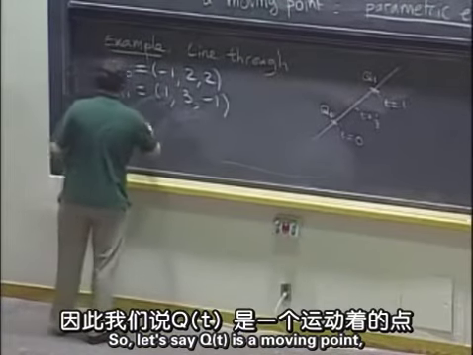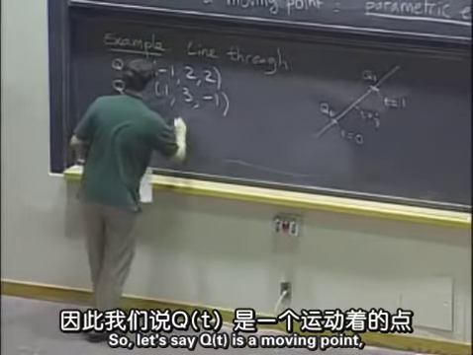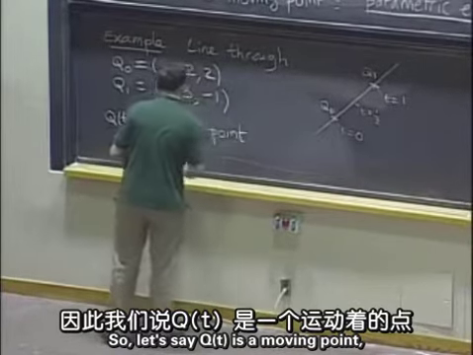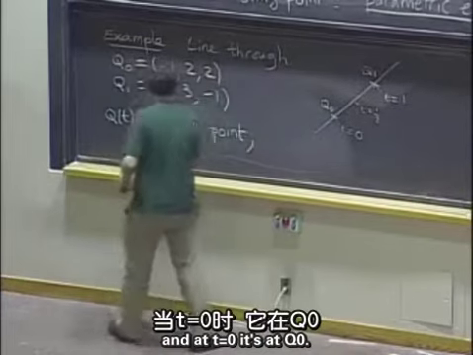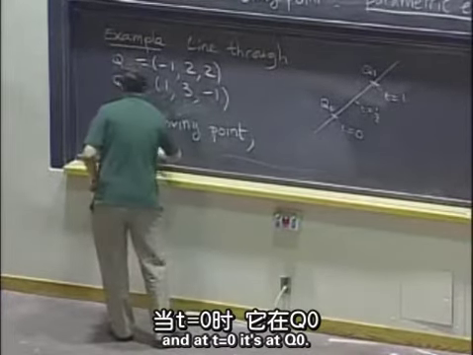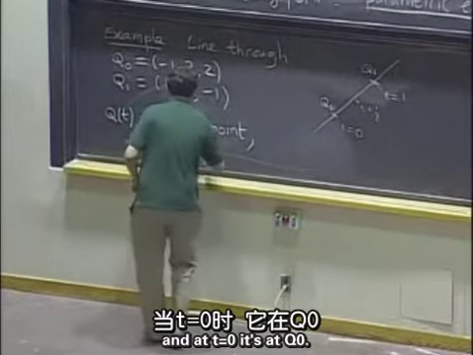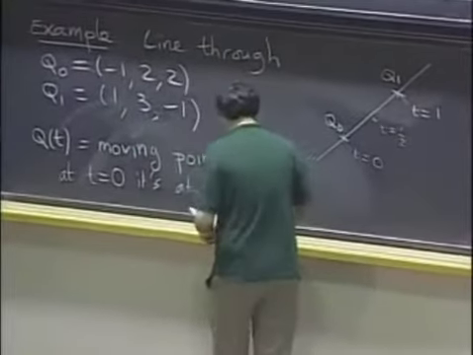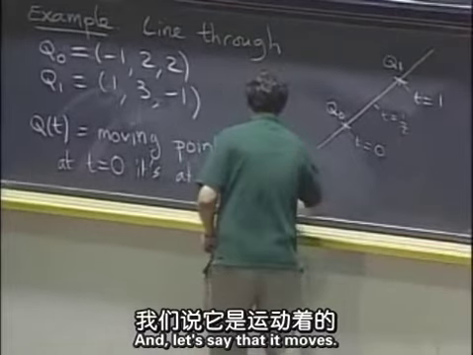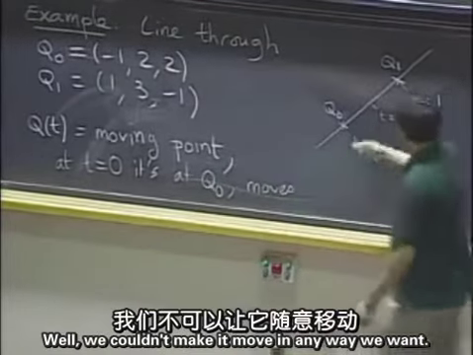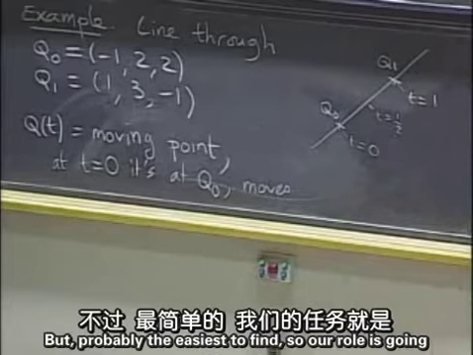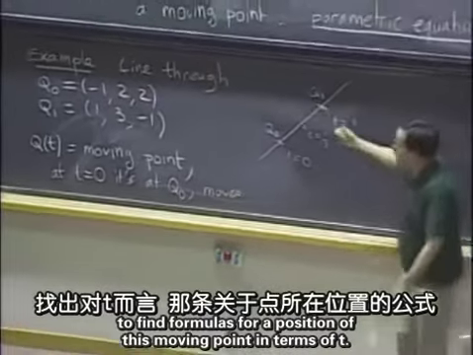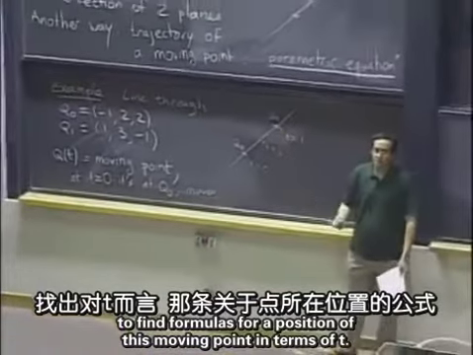So let's say q of t is a moving point, and at t equals 0, it's at q0. We could make it move in any way we want, but probably the easiest to find, so our goal is going to be to find formulas for the position of this moving point in terms of t.